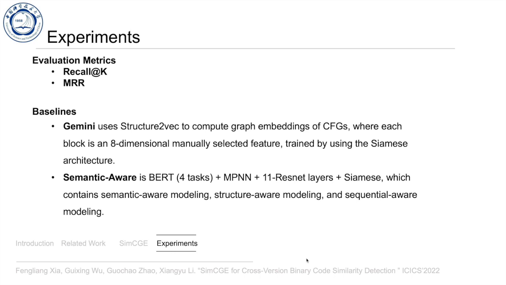The baselines are Gemini, which uses Structure2vec to compute graph embeddings of CFGs, where each block is an 8-dimensional manually selected feature, trained using the same Siamese architecture, and SAFE, which uses a self-attention mechanism and a bidirectional RNN. Our model contains semantic-aware modeling, structure-aware modeling, and sequence-aware modeling.